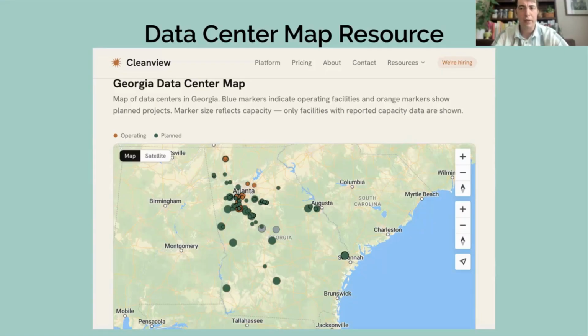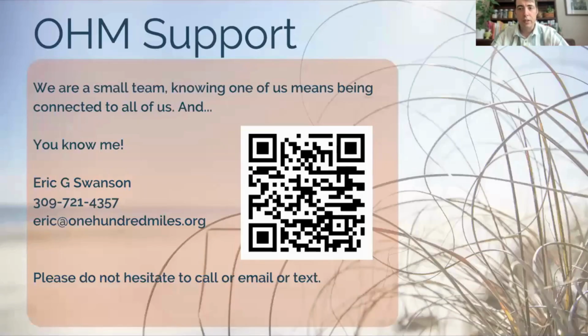I don't know if you want to add anything. It is a big problem. We know that there are lots of communities facing this, and what we want to always promise is our support at 100 Miles. We are a small team. We always say knowing one of us means being connected to all of us.